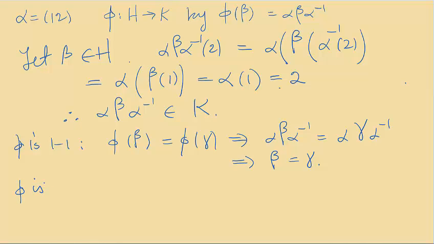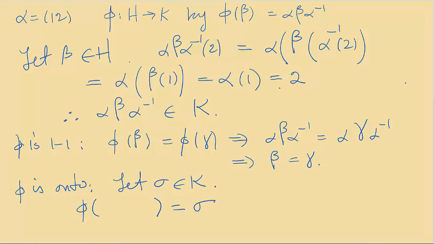To show phi is onto, we let sigma be in K. And we have to find an element in H that maps to sigma under phi.